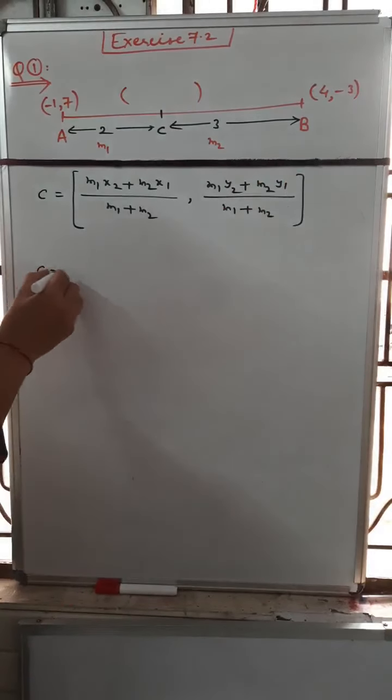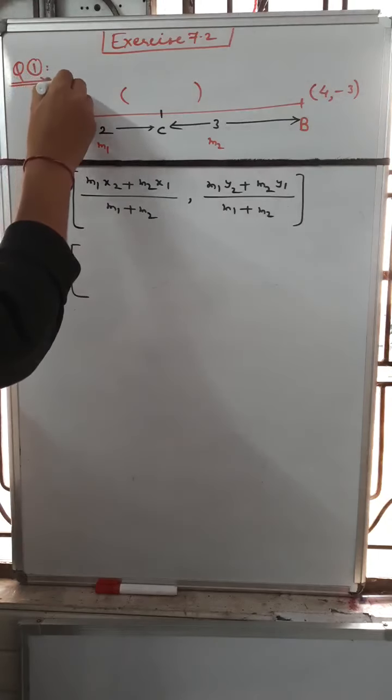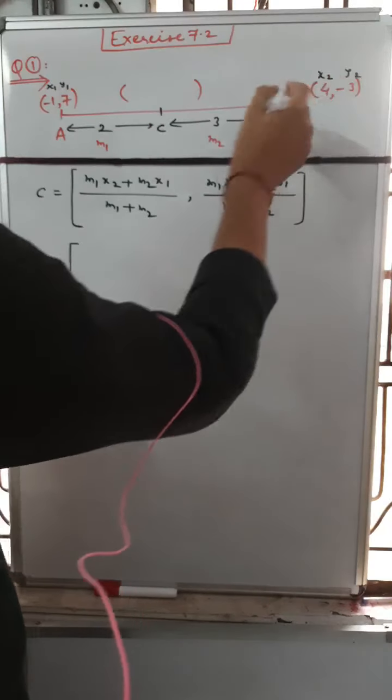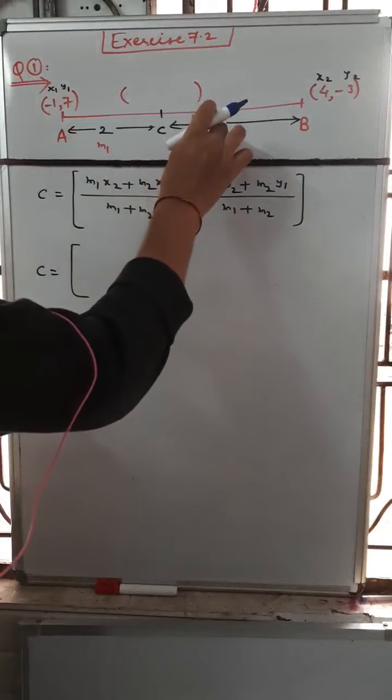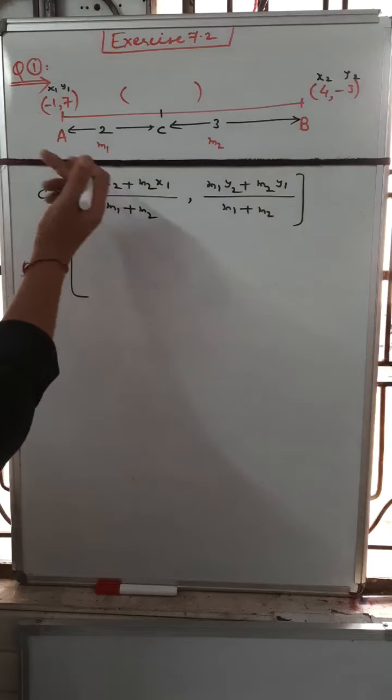This point is x1, y1 and this point is x2, y2. Put all the values, m1 is equal to 2, m2 is equal to 3. Definitely you will get the coordinate of point C.